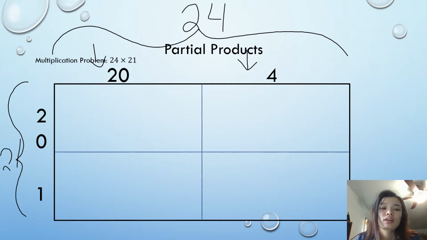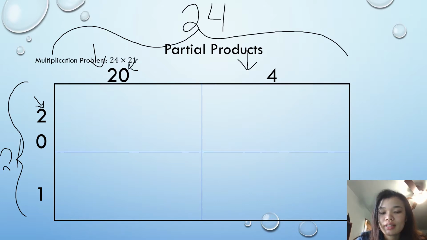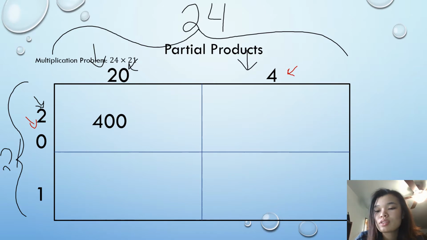Okay? So when we multiply 20 times 20, what is that? When we multiply this number by this number, what is that? 400, right? So now you're going to do the same thing again, except with 20 times 4. So what's 20 times 4? 80, right?